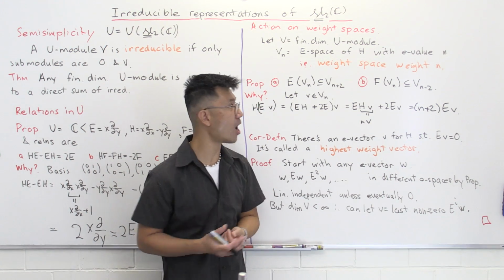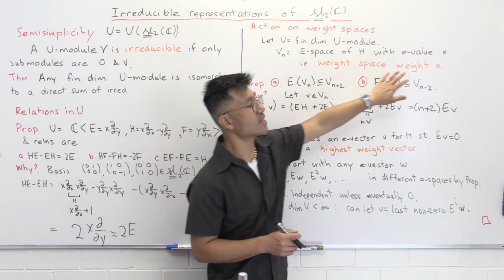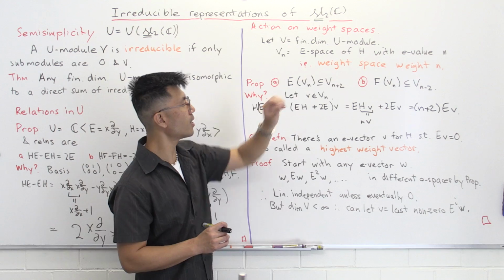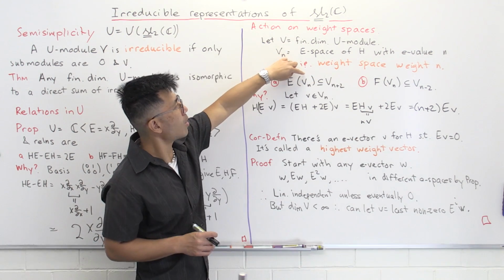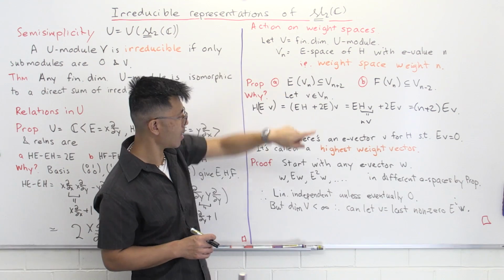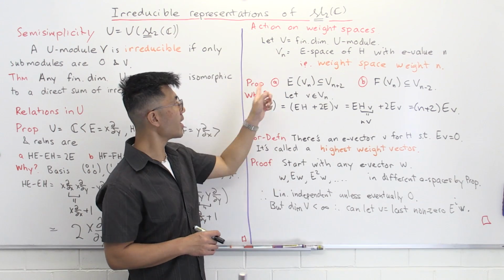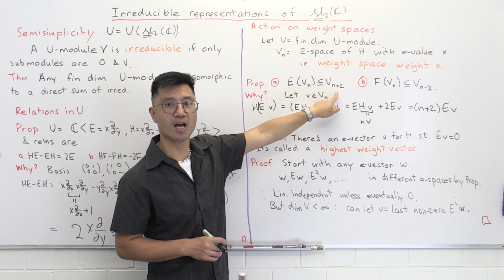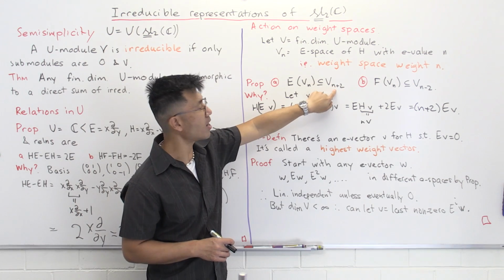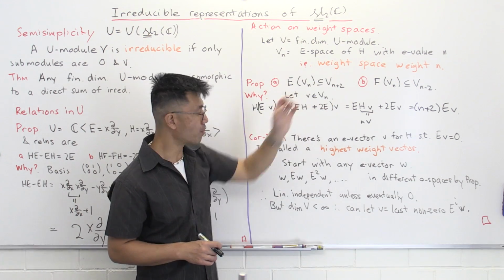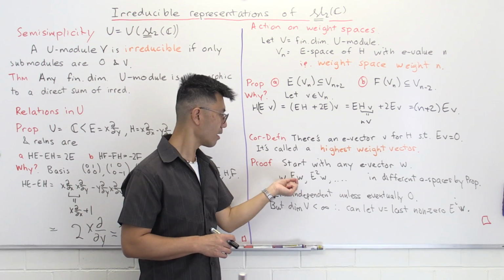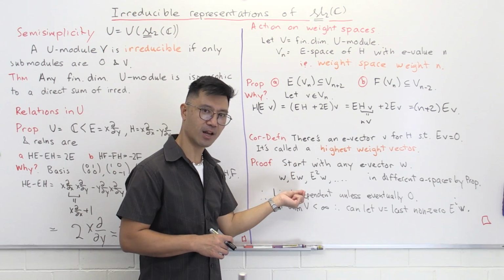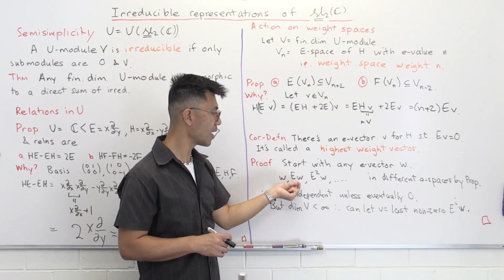Why is it called a highest weight vector? Remember, the weights are just the eigenvalues. Suppose you start with any eigenvector w. If you apply E to it, you're going to land in the eigenspace where the eigenvalue is 2 bigger. So potentially that gives you an eigenvector with a bigger eigenvalue, a bigger weight, unless it's 0.